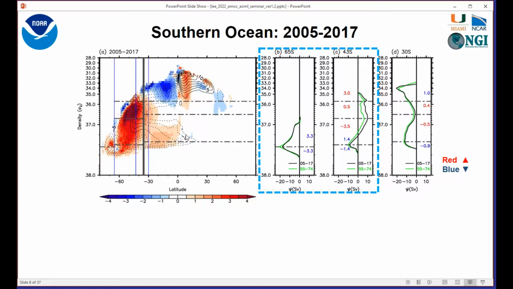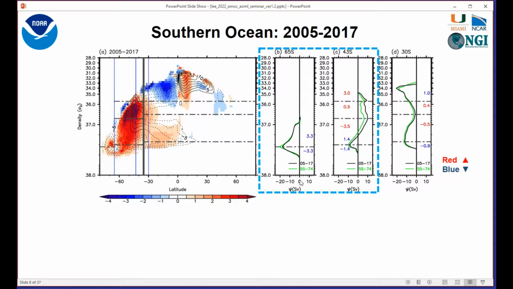These contour lines are the total stream function for the period 2005 to 2017, and the colors are the anomaly between this period and the reference period, 1955 to 1974. That is the reference period that I use. So these colors are the differences.